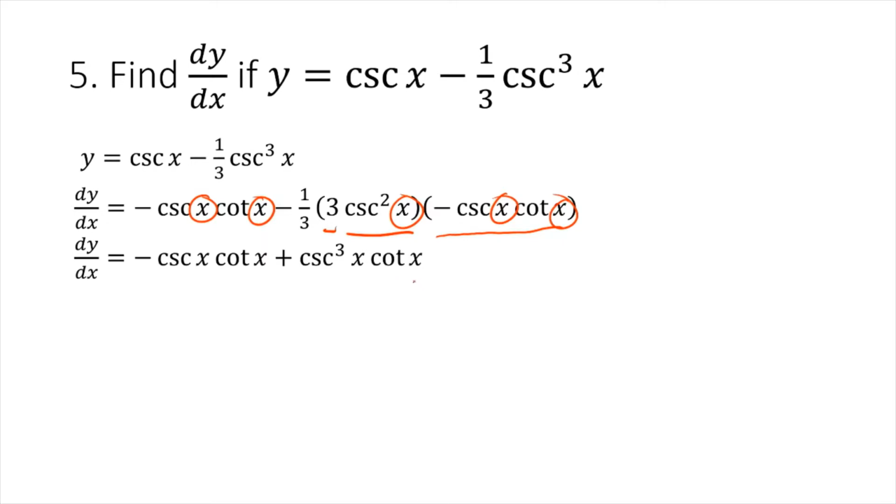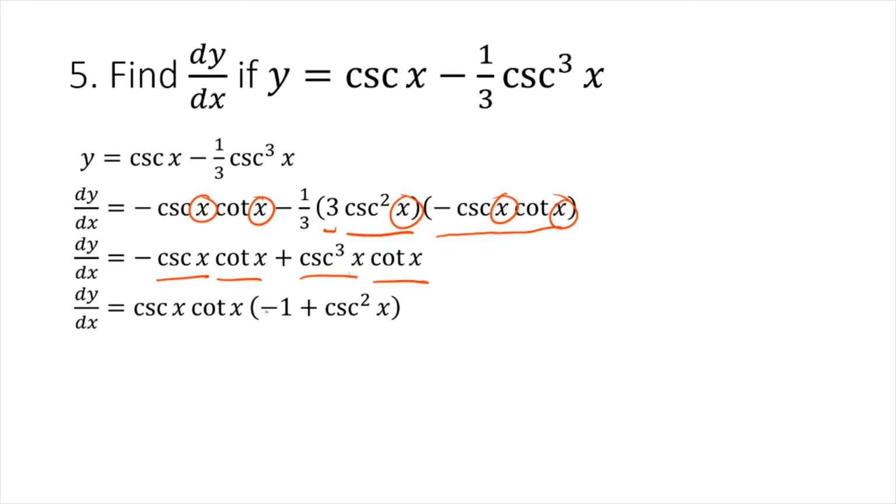Okay, do we have common factors? We have common factors, right? Cosecant x, we have here cosecant x also, and cotangent x. So factor out the common factors, cosecant x, cotangent x. We are left with -1 on the first term, and then on the second term we are left with cosecant squared x.